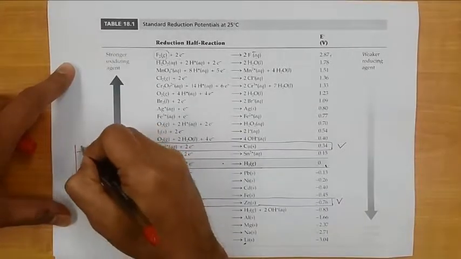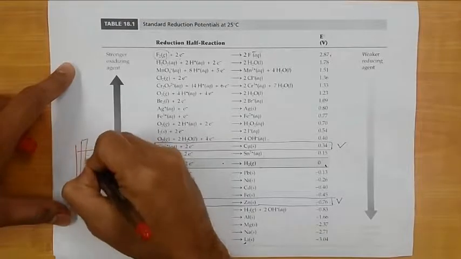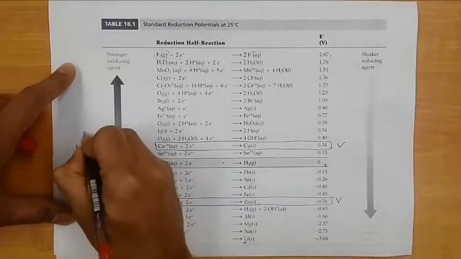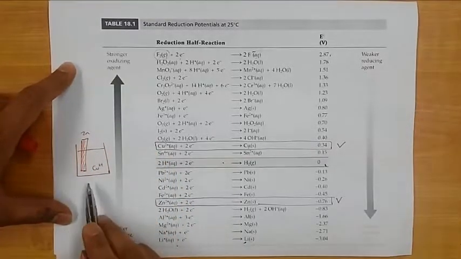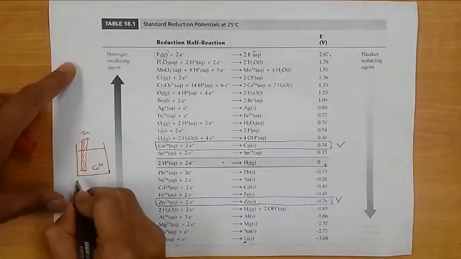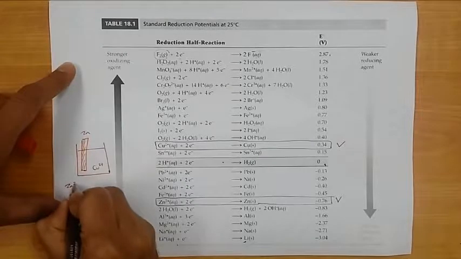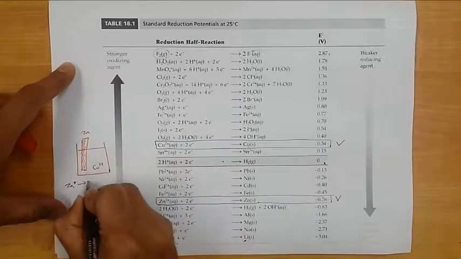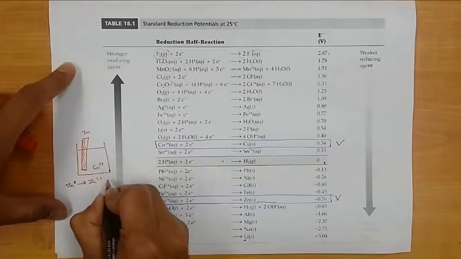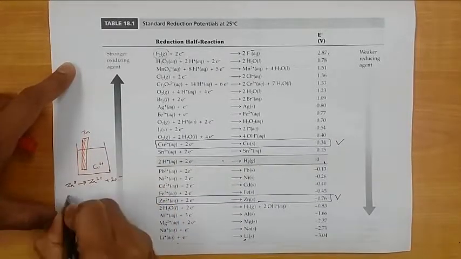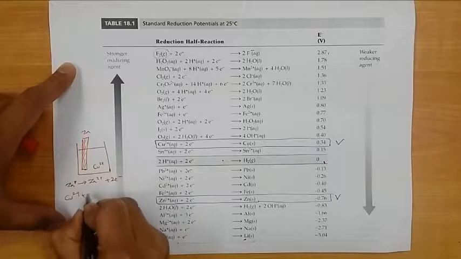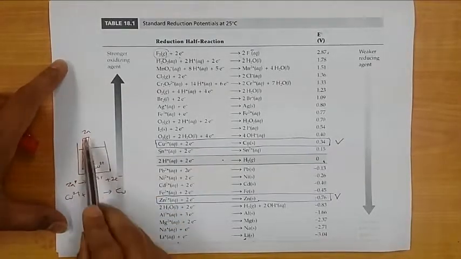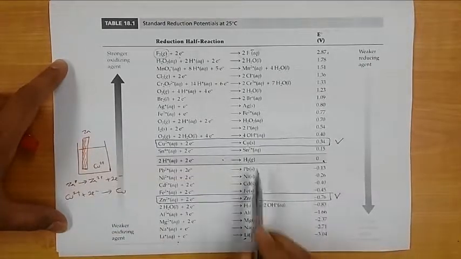If you put a zinc rod or zinc metal into it, what will happen is that zinc metal will immediately give its electron away to copper 2+, because zinc is more negative than copper.